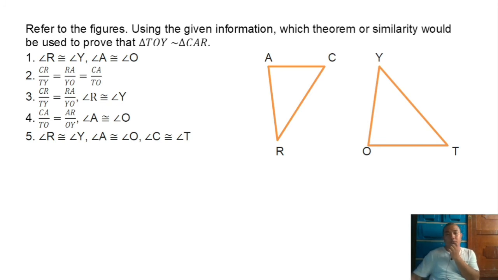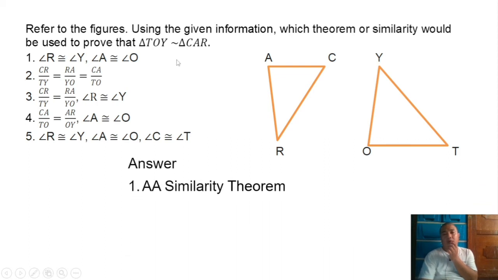Next, refer to the figures using the given information. Which theorem or postulate of similarity would be used to prove that triangle TOY is similar to triangle CAR? For number 1, angle R is congruent to angle Y. Angle A is congruent to angle U. AA similarity theorem. The two angles are congruent. How about number 2? SSS similarity theorem. Yes, the three corresponding sides are proportional.